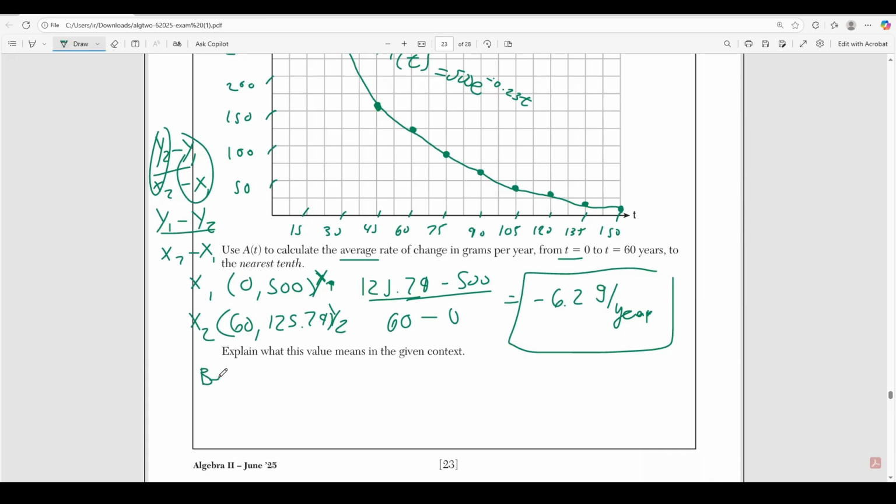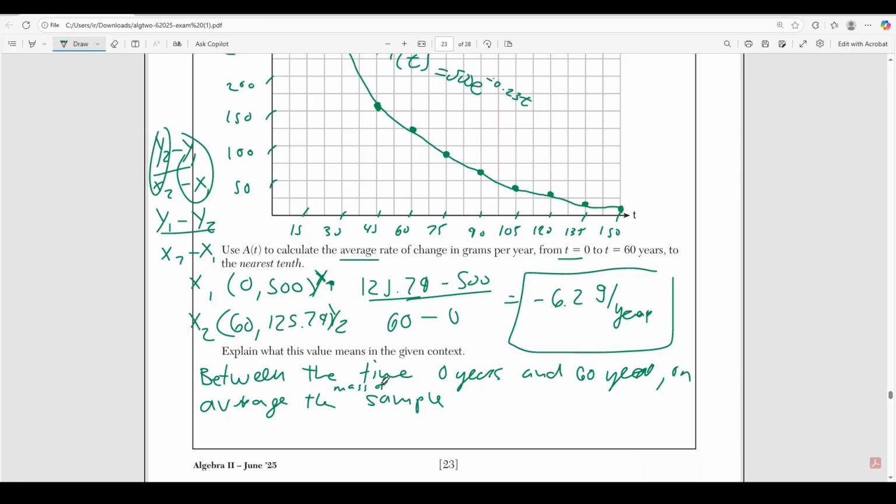So you can say that between the time 0 years and 60 years, on average, the mass of the sample was decreasing by 6.2 grams per year. The reason why I didn't say negative 6.2 grams per year is because it's already implied that it's negative because it's decreasing.